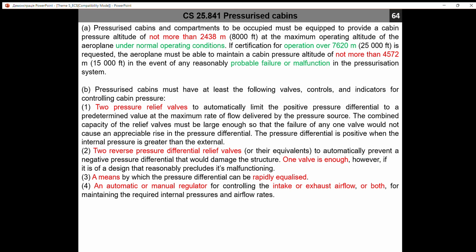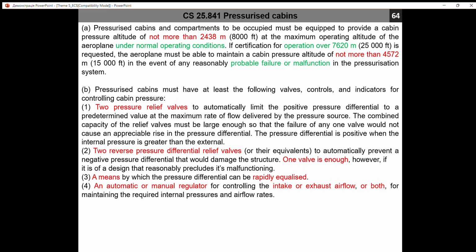Sometimes we have a means by which the pressure differential can be rapidly equalized, to make the pressure inside and outside equal, especially if we have a decompression or some malfunction in the cabin, or maybe after landing.